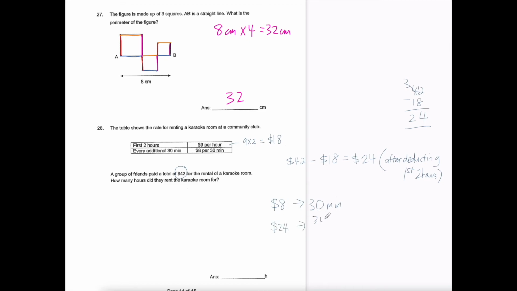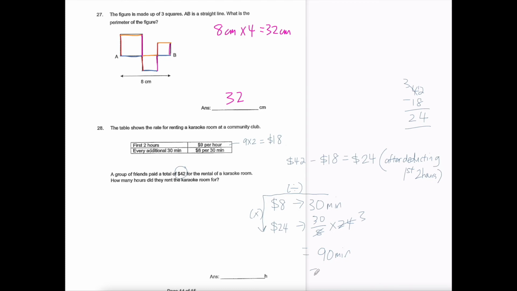Let's count: 30 over 8 times 24. We divide, then multiply. We can cancel and then we are going to get 90 minutes, because 3 times 30 is 90.